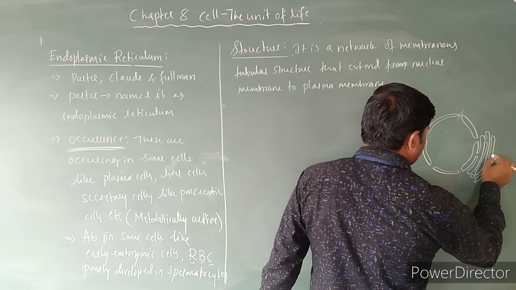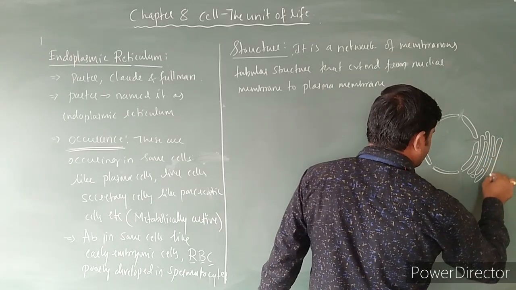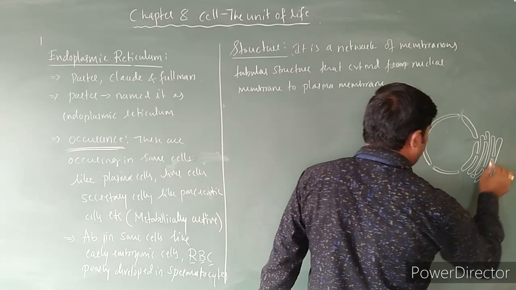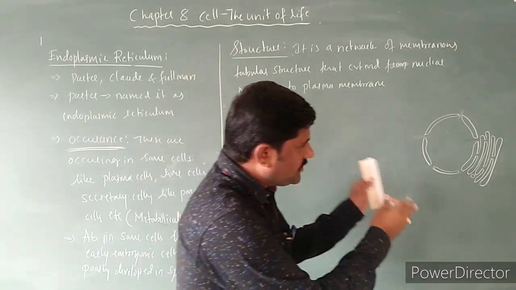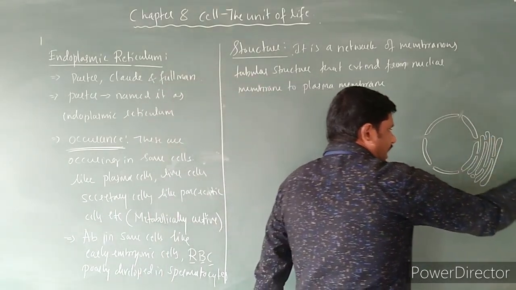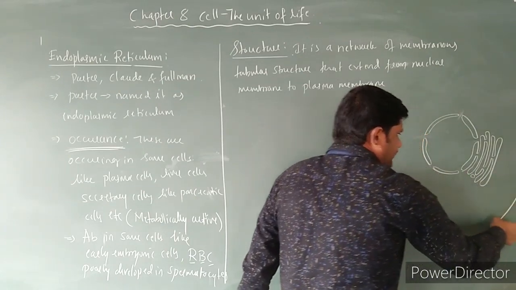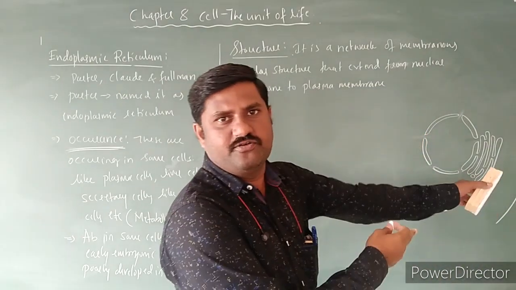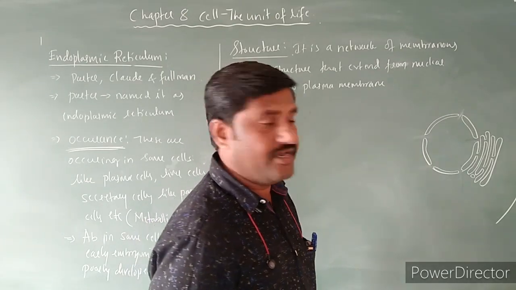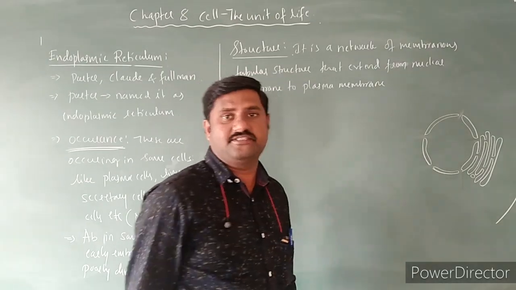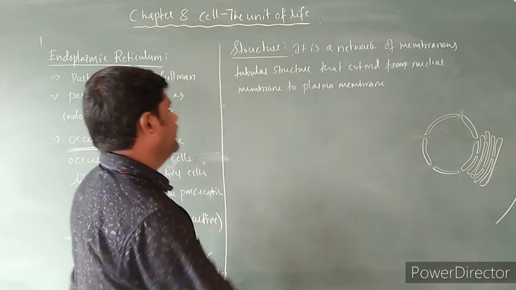So like this, a network of interconnected tubular structure extends from the nuclear membrane up to the plasma membrane. Suppose this is the plasma membrane, it fuses with the plasma membrane sometimes, right? So that kind of tubular network itself is said to be endoplasmic reticulum.